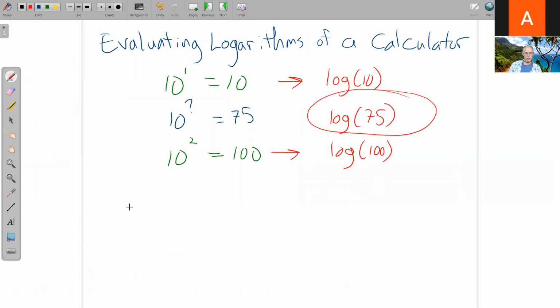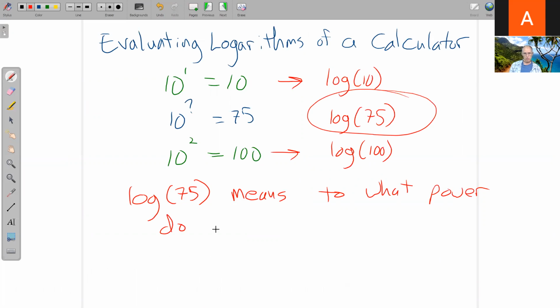So again, what does log of 75 mean to us? To what power do I raise 10 to get 75?